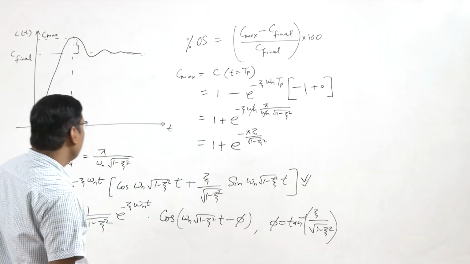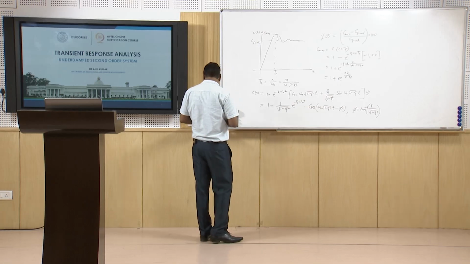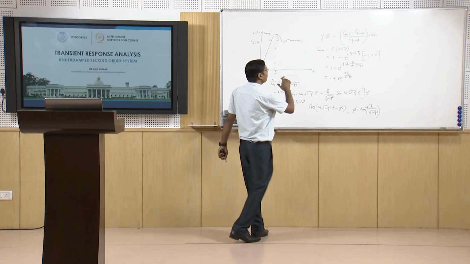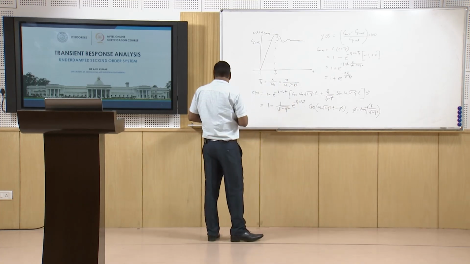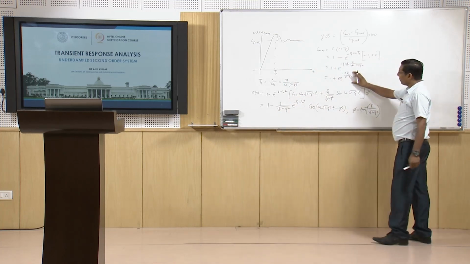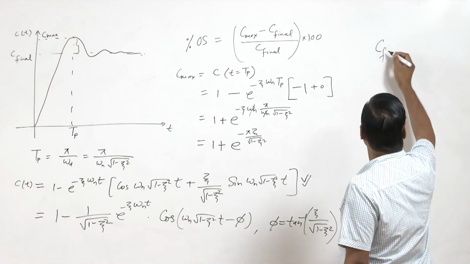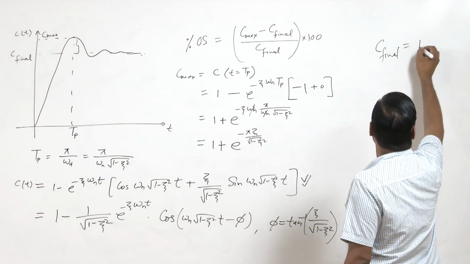Now this final value is 1, because we are considering this response for a unit input function, a step function. So here C final equals 1.